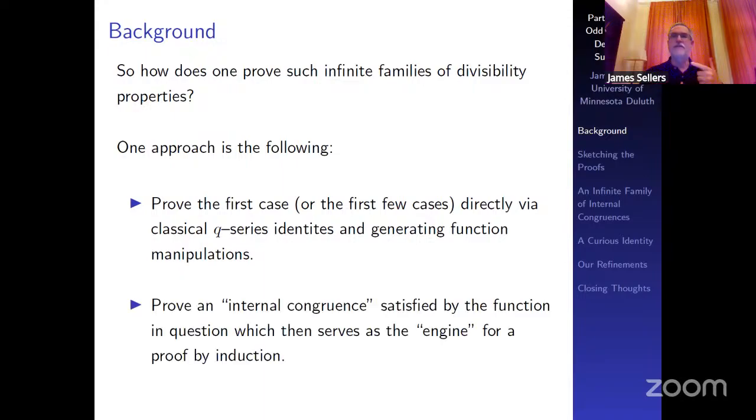And then if you can find an internal congruence, something like PDO at certain values is congruent to PDO at other values mod 4, this can serve then as the engine for a proof by induction. So since the modulus is not changing in the mod 4 family and in the mod 8 family, this is a perfectly good way to go through the proof.